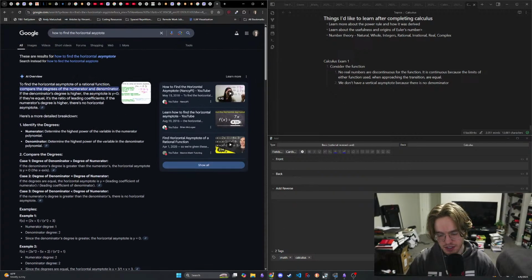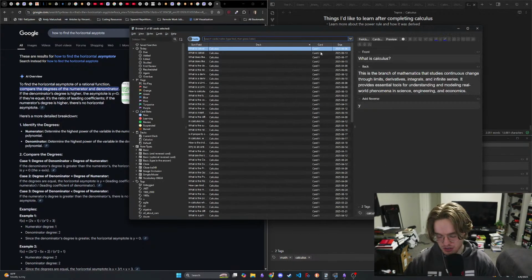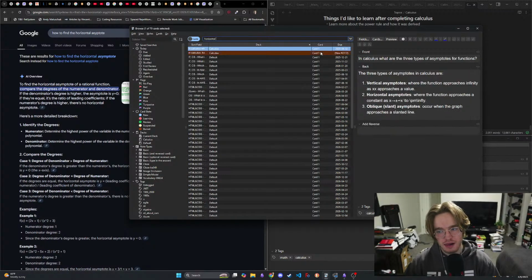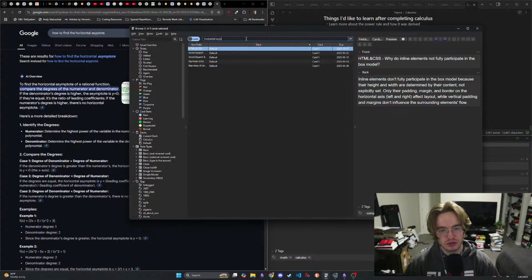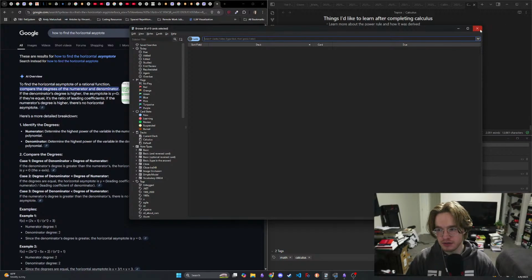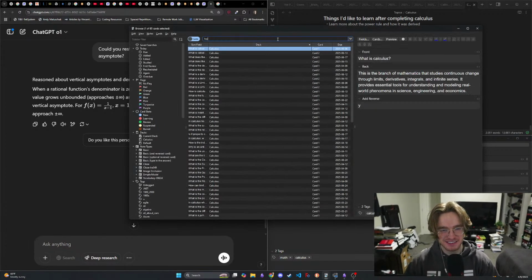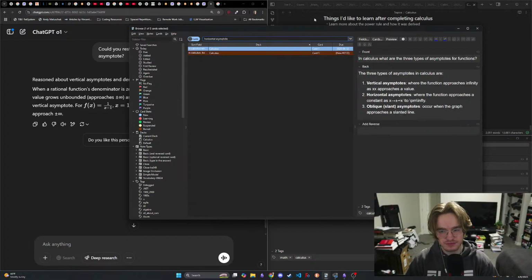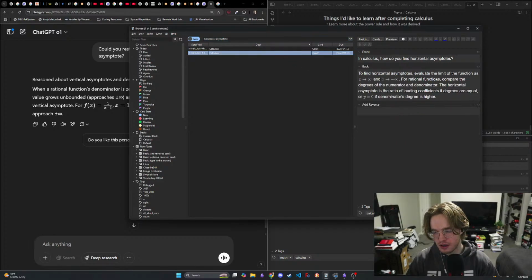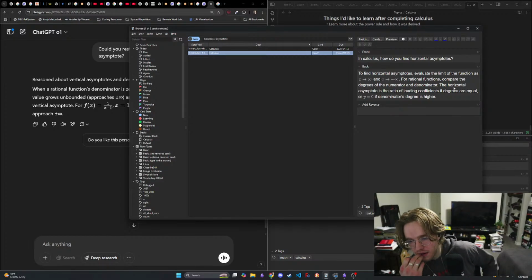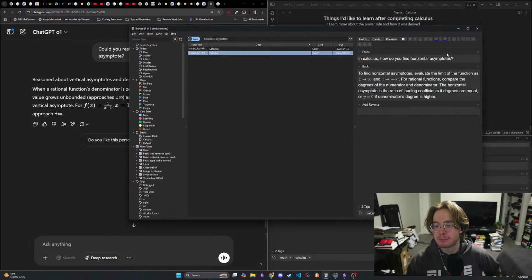Okay, and then I'm going to make sure that we have a card that is on horizontal asymptotes. Okay, maybe I do not have one.